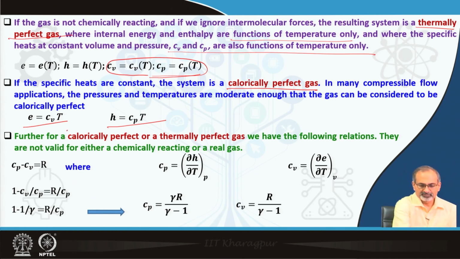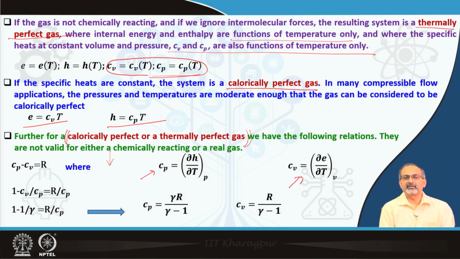And therefore, keeping these in mind, the following relations hold, that Cp minus Cv is equal to R, where Cp is defined by the partial derivative of h with respect to T at constant pressure. Cv is the partial derivative of specific internal energy with respect to temperature at constant specific volume.